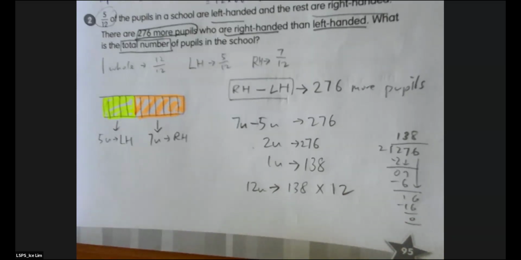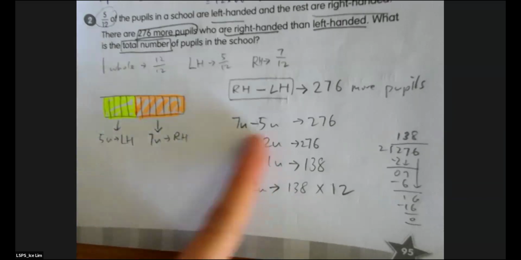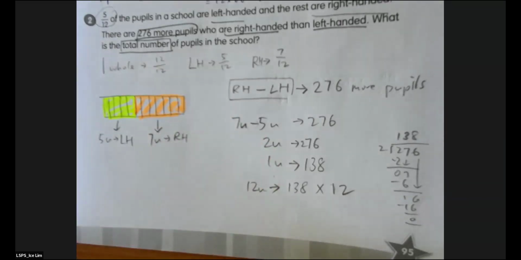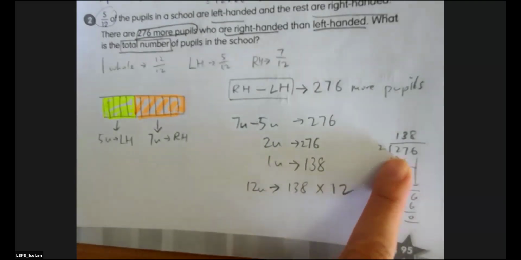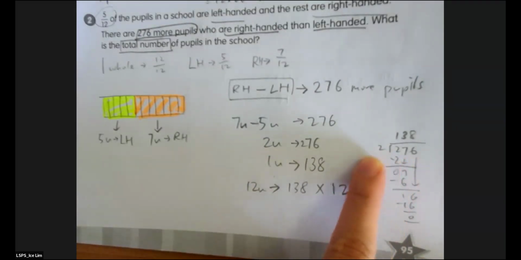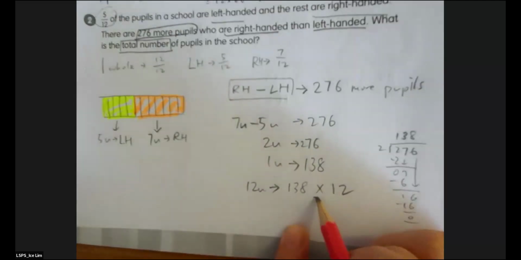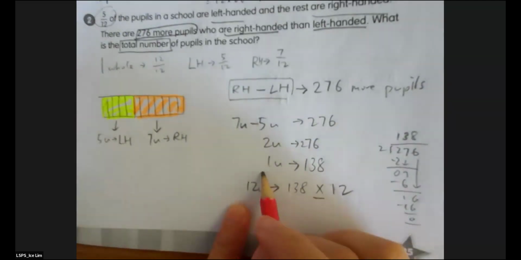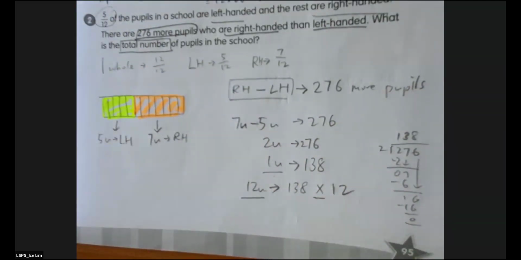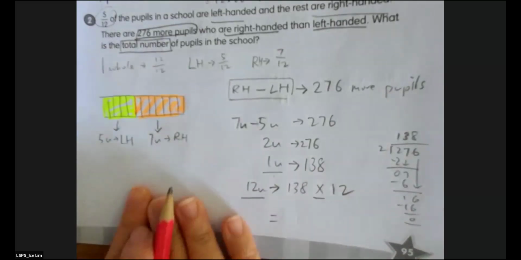There are 276 more right-handed pupils. Okay, the total number. So the difference between the two of them tells you as if a remainder. 276 divided by 2, times 12. 1 unit become 12 units, right? Okay. Then you do your working.